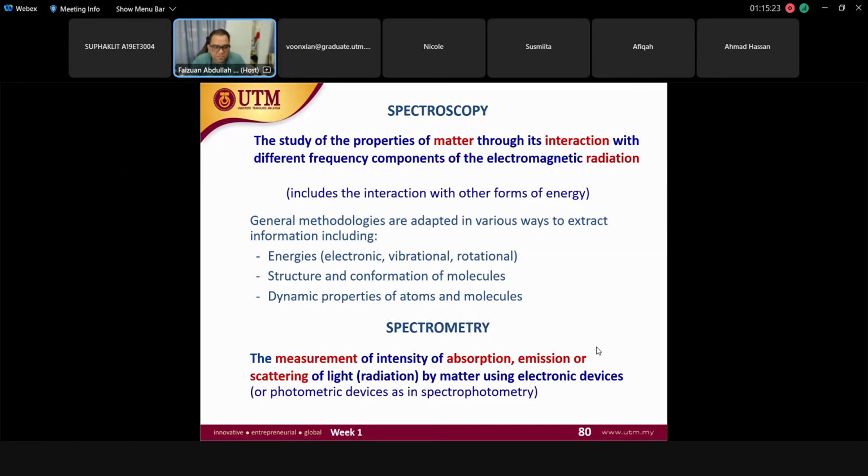What kind of energy? Electronic, vibrational, rotational. What is vibrational and rotational? Can you guys explain, or do you have some idea what is vibration and rotation?